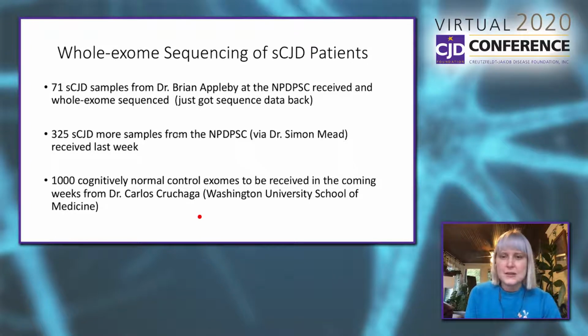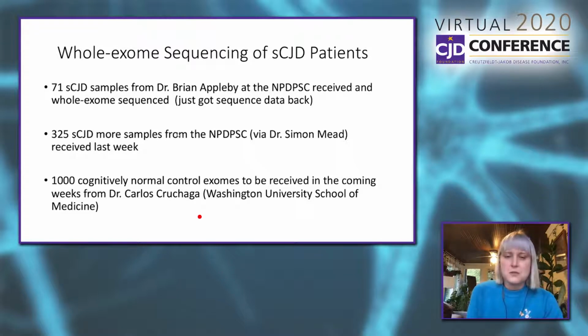COVID did delay getting our samples, but we did manage to whole exome sequence 71 of our samples. Those were from Brian Appleby, and we just got the data back recently.